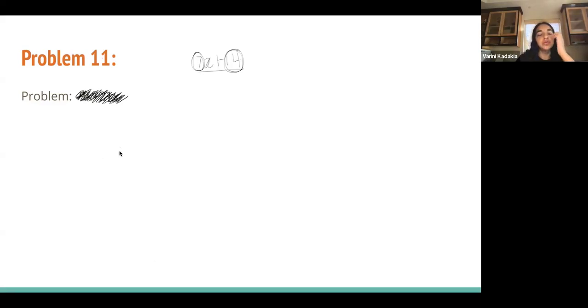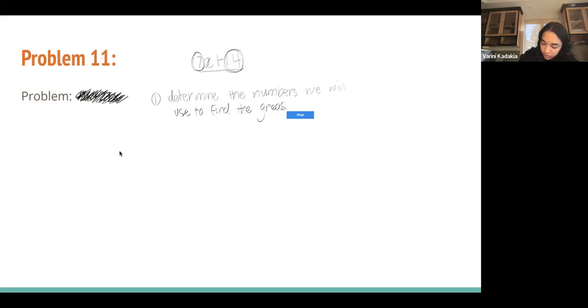Okay, so basically what we want to look at in this question is our first step, to determine the numbers we will use to find the greatest common factor.